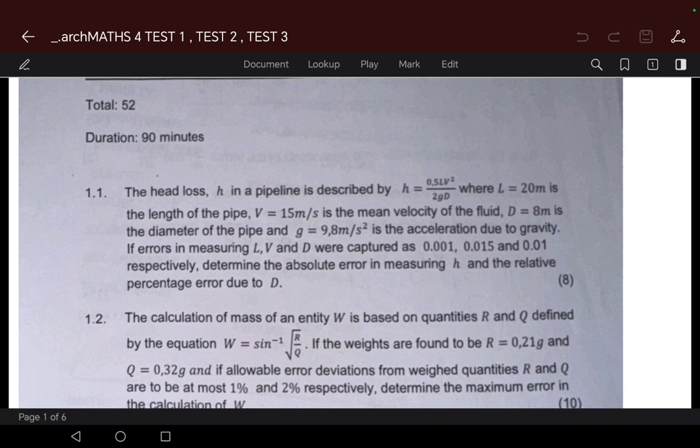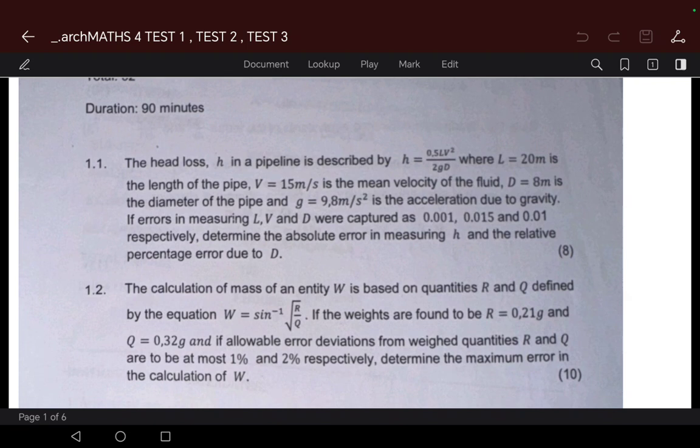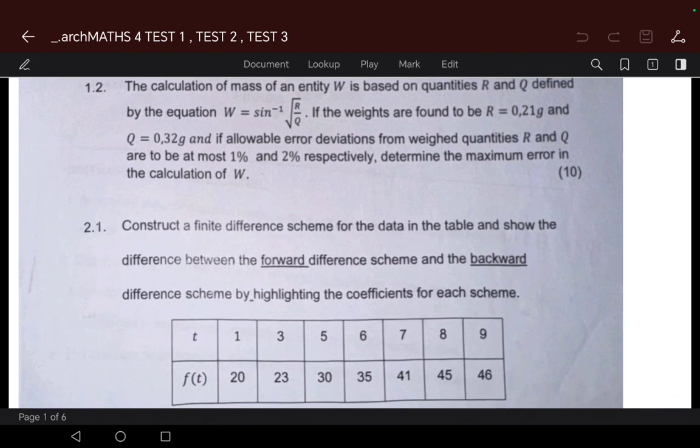They say number 1.1, the head loss H in a pipeline is described by H equals 0.5 LV squared over 2GD. Rochi, did you try to solve this question? No, I haven't. Okay, so we're gonna do 1.1 and 1.2, also 2.1.